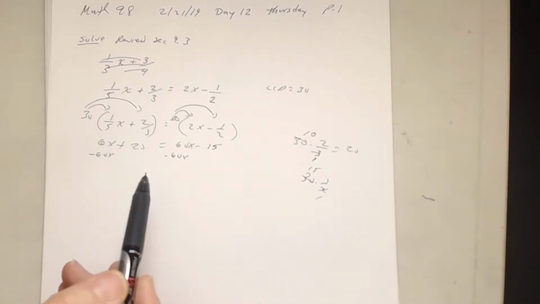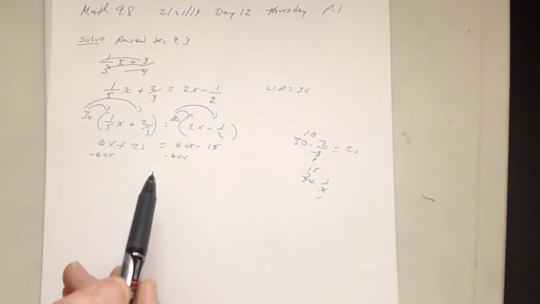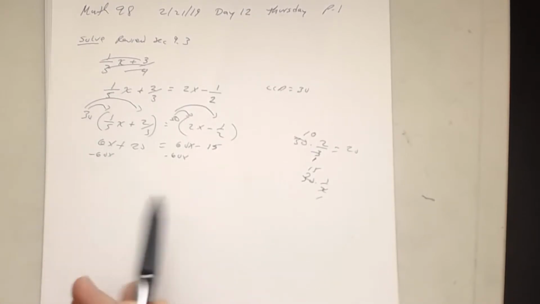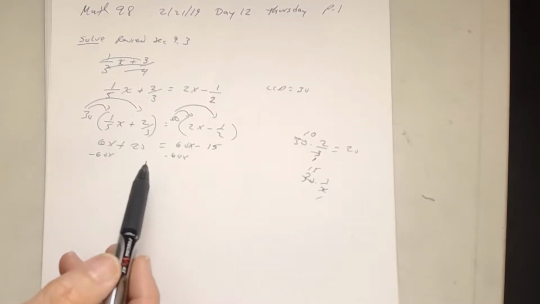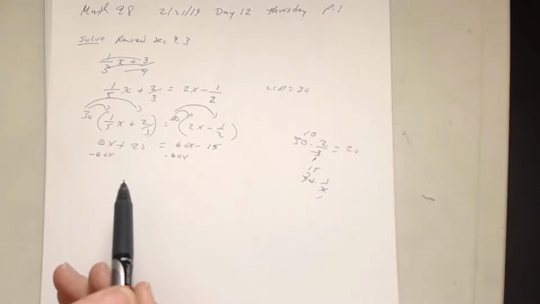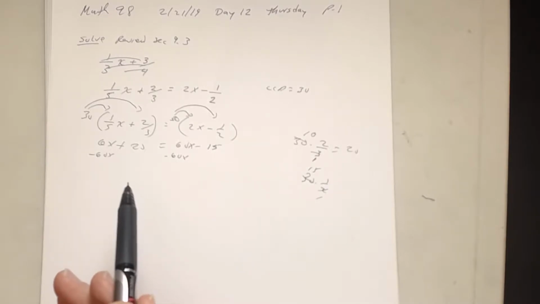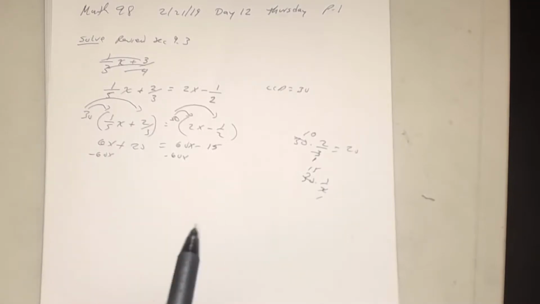They're not like terms. 60x minus 60x is 0. So you need to make sure your statements are mathematically correct. And remember, it's as presented in class, and one or two of you are still wanting to do things your own way. Do things your own way, and I'll keep taking points away. All right.